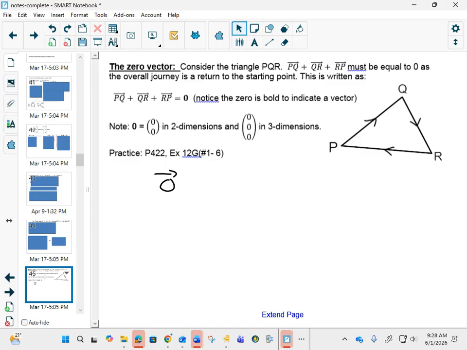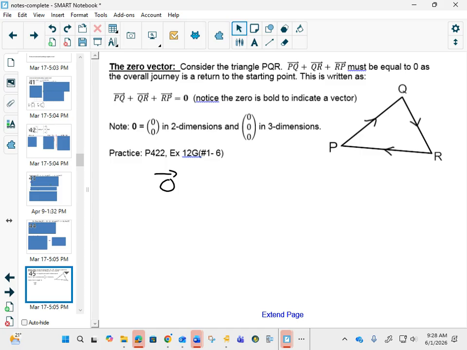So if you went from P to Q, and then went from Q to R, and then went from R to P, then you've gotten right back to where you started with. This is Paul. He's going to his friend Quentin's house for a bit. Then he's going to his friend Ryan's house for a bit. Then he's going back home. And at the end of the day, he's back where he started from. So that would be the zero vector.